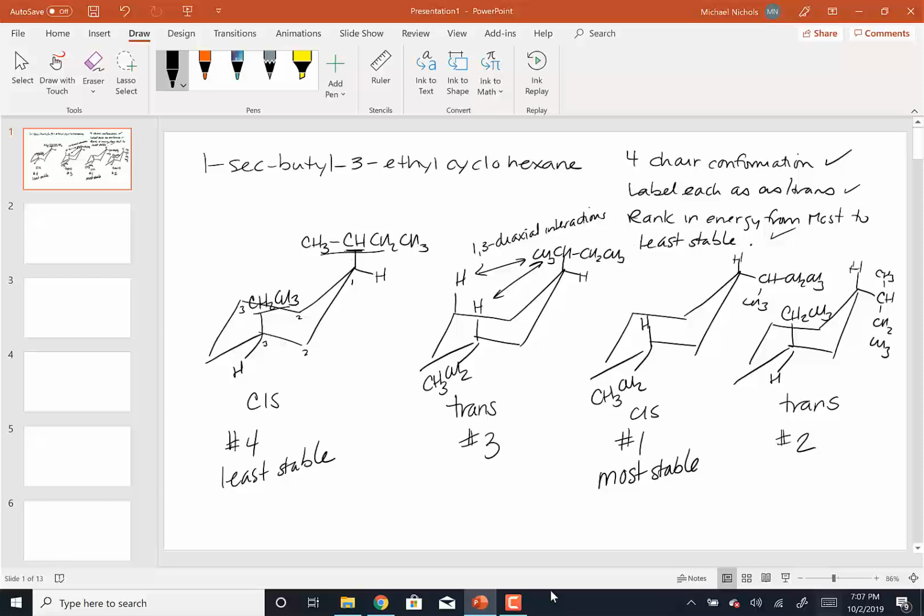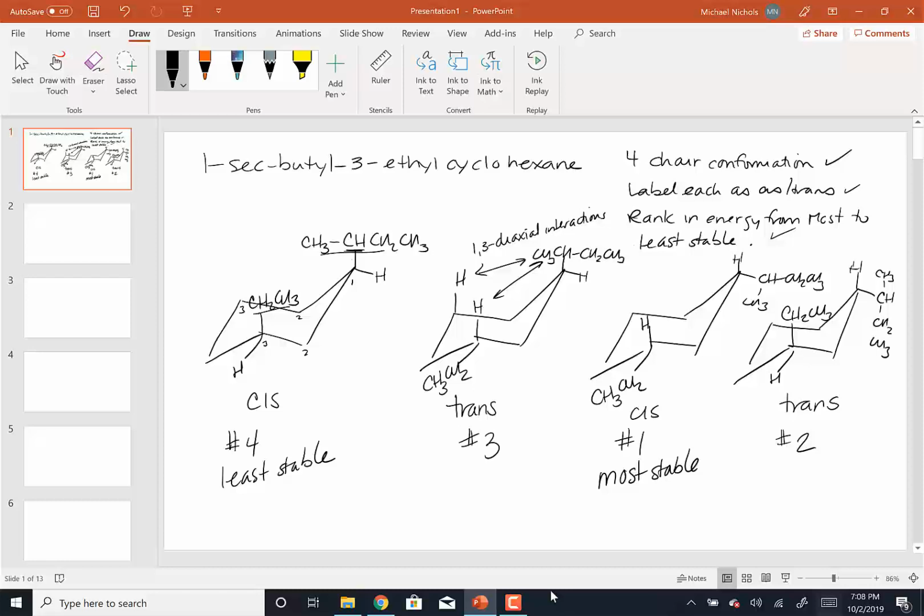And so that's how we would do a chair cyclohexane problem that I'm going to ask you on the exam. There are other of these problems with narrated answer keys in the Monday folder that you can try.